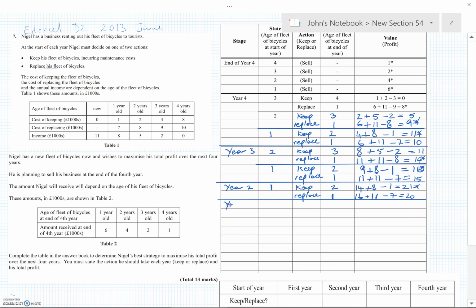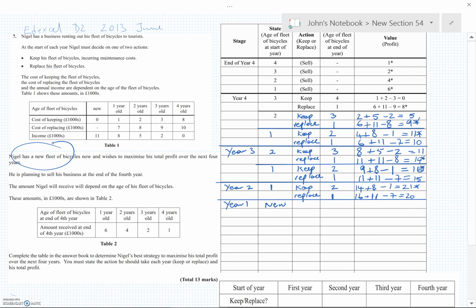Year 1, there really is nothing to decide now, because we've got new bicycles. They were given to us, or by some act of God or whatever. Say this isn't an economics problem. So when we're talking about profit, we're told clearly in the question that Nigel has a new fleet of bicycles, so there is no cost associated with those.